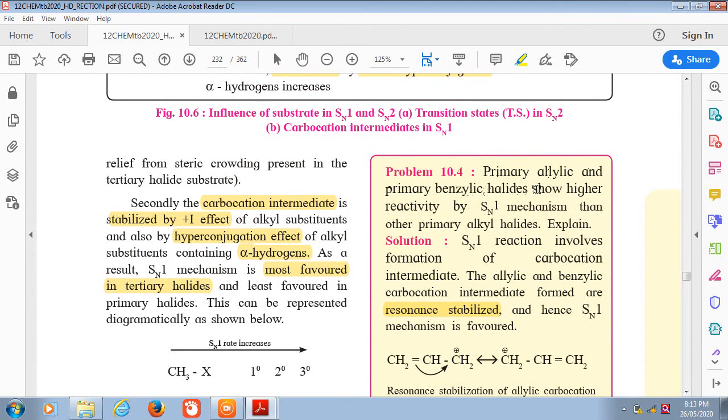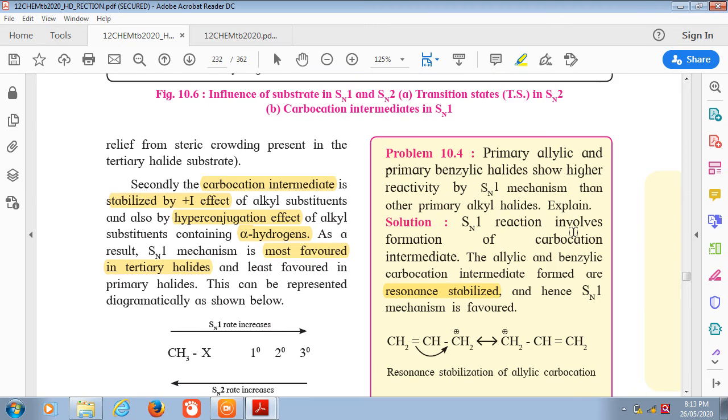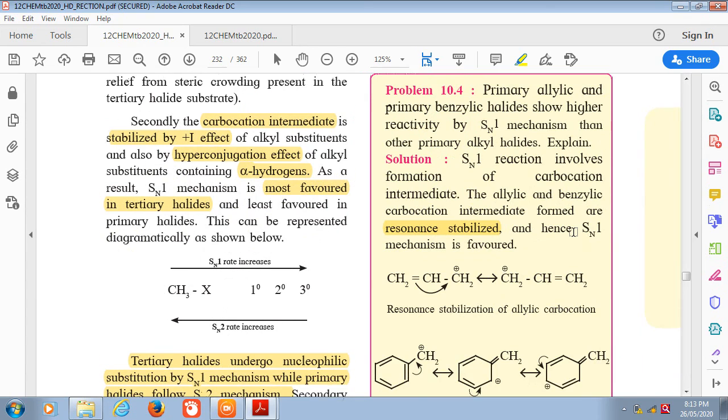One more question is, primary allylic and primary benzylic halides show higher reactivity by the SN1 mechanism than other primary alkyl halides; explain. In the SN1 reaction mechanism, if there is formation of a carbocation intermediate and if it is stabilized, then it favors that mechanism.